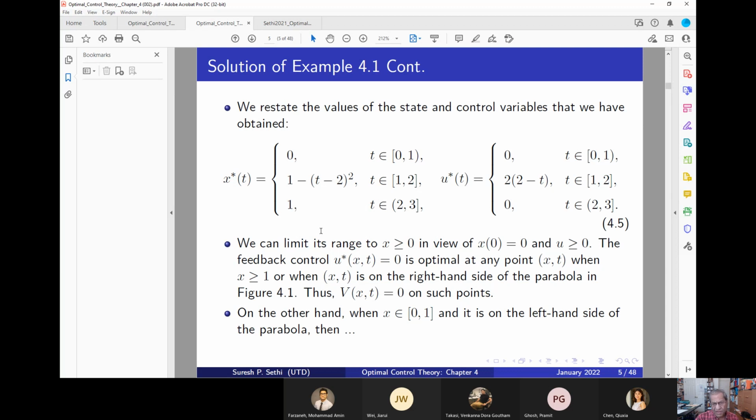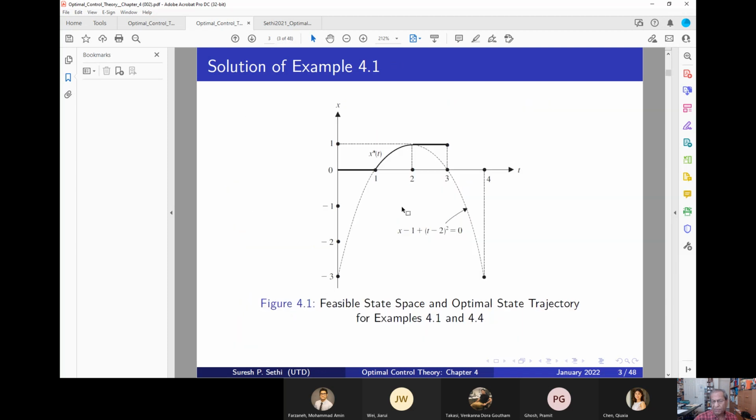So now what I want to do is show you that if I use this solution to compute the value function, it is intuitively obvious that this control is optimal.